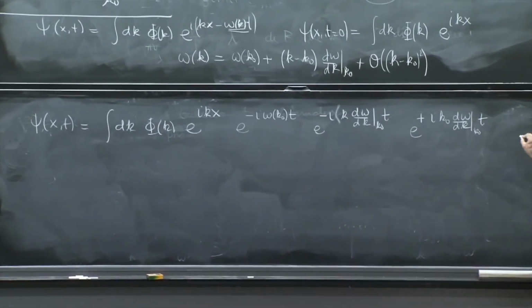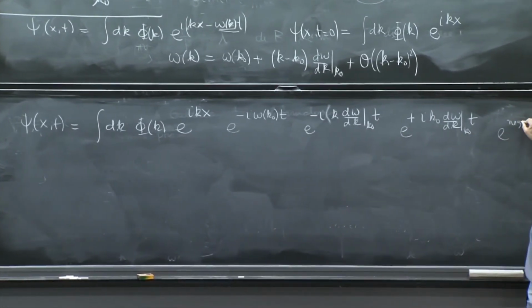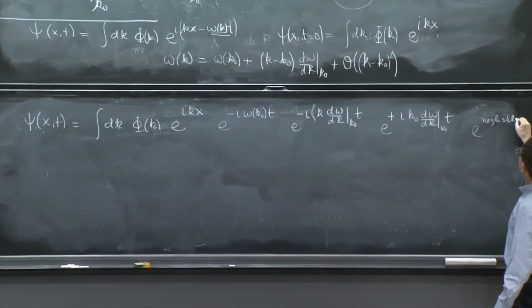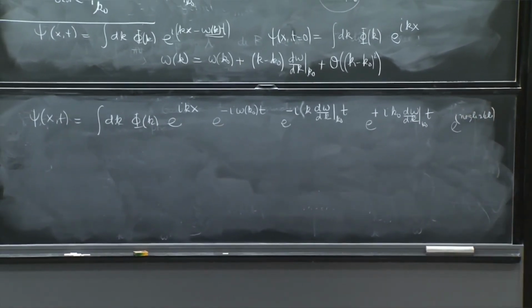So that's negligible, until you need to figure out distortion of wave packets. We're going to see the wave packet move. If you want to see the distortion, you have to keep that next term. We'll do that in a week from now.